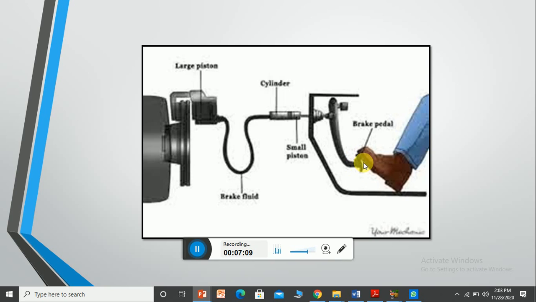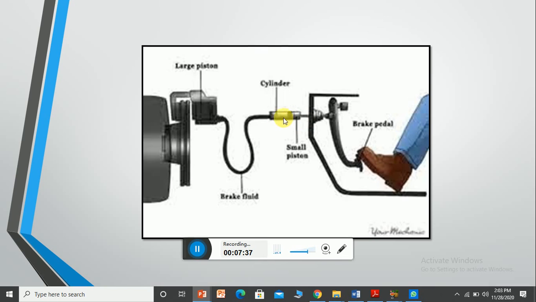On the brake pedal we apply a very small force, just a little push from our foot. This little push is linked to a small piston having a small area, and here we have brake fluid or brake oil.